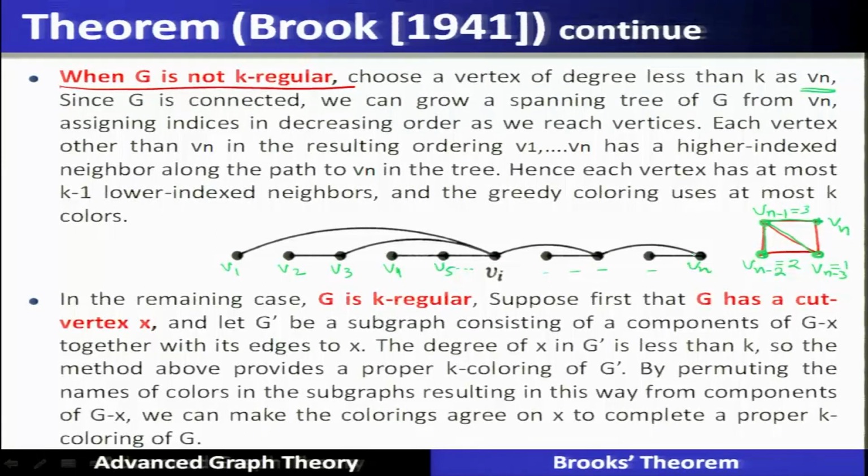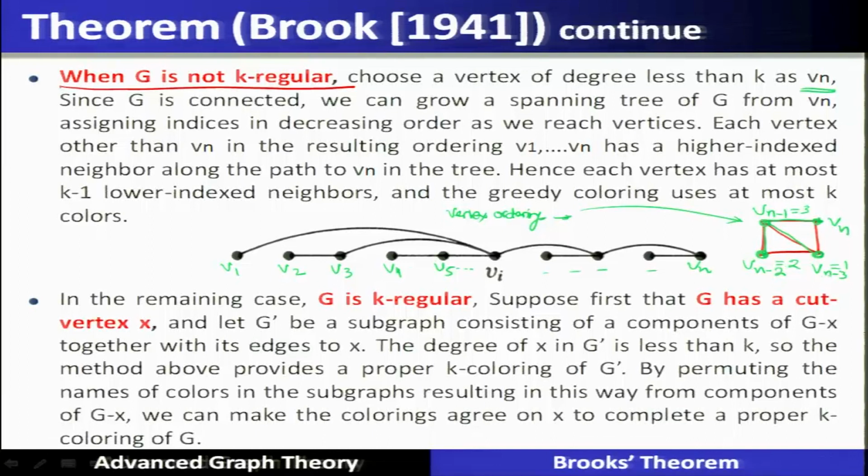So we have obtained the vertex ordering according to the construction of the spanning tree, and then basically from Vn to all other nodes connecting to that particular tree are given lower indexes. So this particular ordering we have obtained.